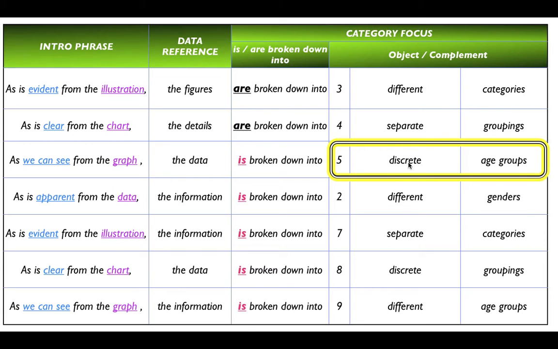all have similar meanings. Discrete, in English there are two words that are pronounced discrete. This one means separate, different, okay? D-I-S-C-R-E-T-E. The other word is spelt D-I-S-C-R-E-E-T. How can you remember the difference? When I was a boy, I had a very good teacher at school who told me that Crete is a different island in the Mediterranean Sea from Greece.